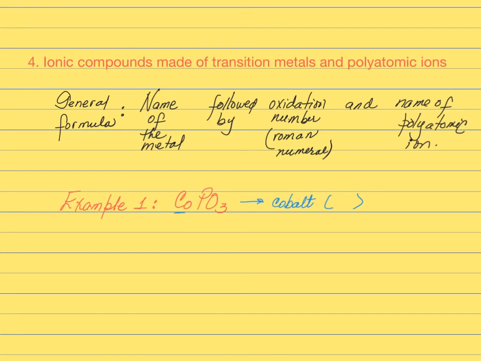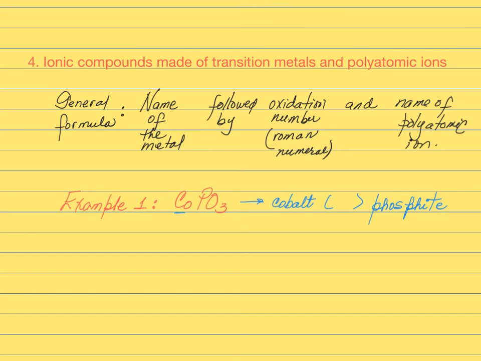I have more than one non-metal. It's a polyatomic ion. What is the name of this polyatomic ion? PO3, oxidation number -3, phosphite. Okay, so I'm going to write over here phosphite with a T.